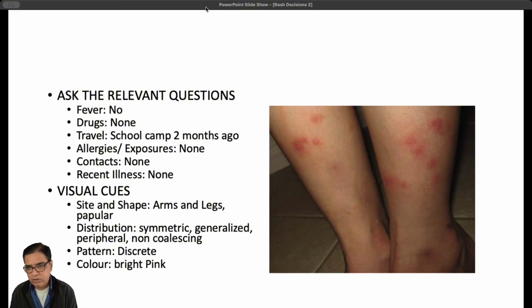They are generalized because more than 2 anatomical areas are affected. It's peripheral, not central, because as you can see, it's very close to the feet and very close to the hands, and it's non-coalescing. So these are discrete lesions separate from one another, not merging into one another. Bright pink in color and discrete.